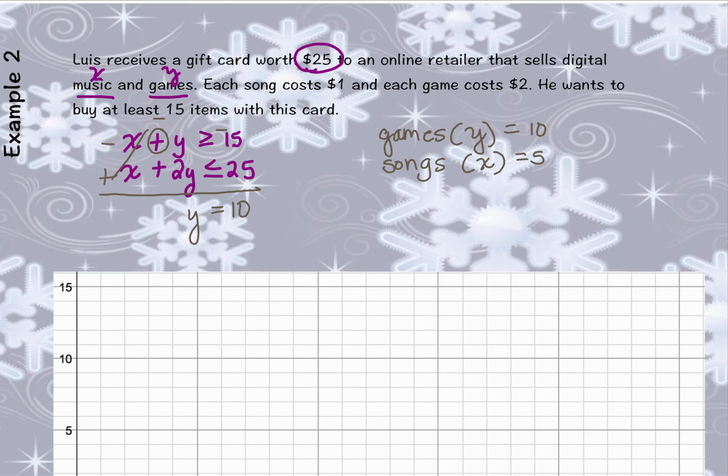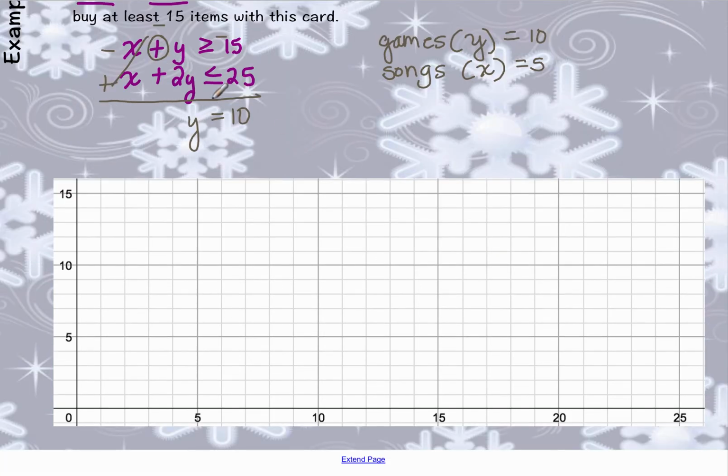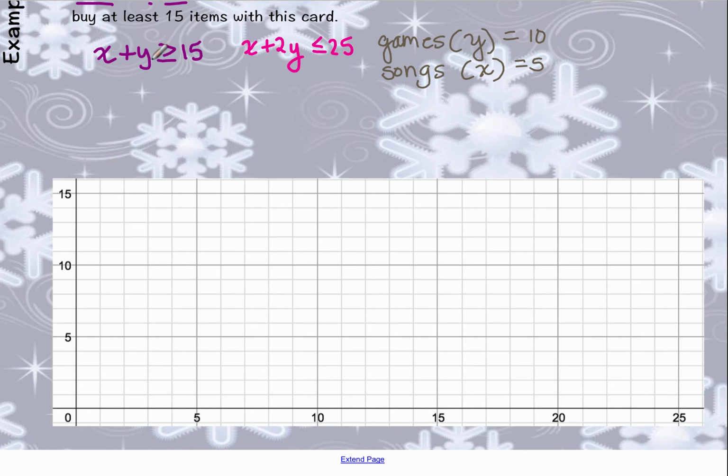Now, if I was going to graph this, this is what I would get. Let me clean it up. All right, so if I solve this for y, and I'm going to graph this by my 0 intercepts again. So my y-intercept, where does it cross the y-axis? Well, we know it crosses the y-axis at 15.